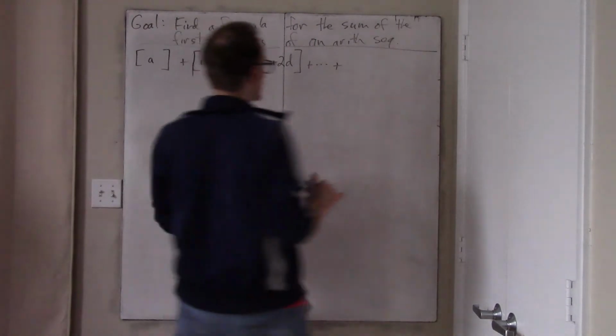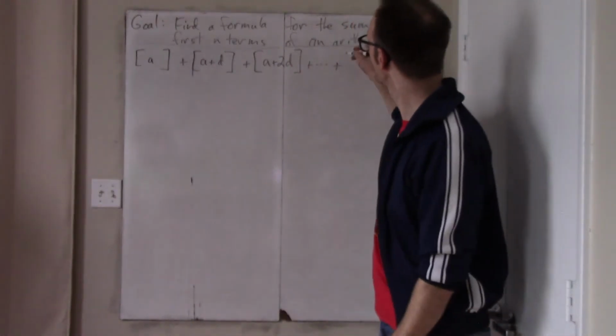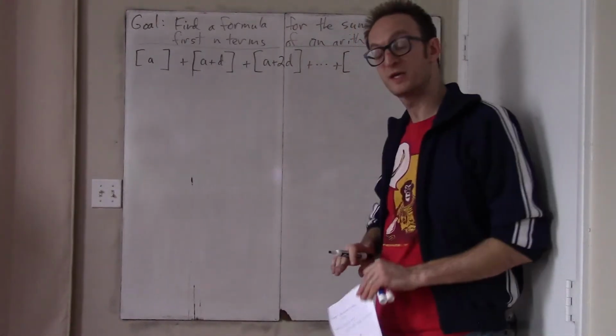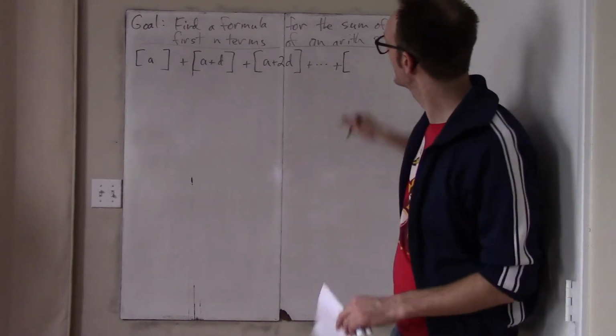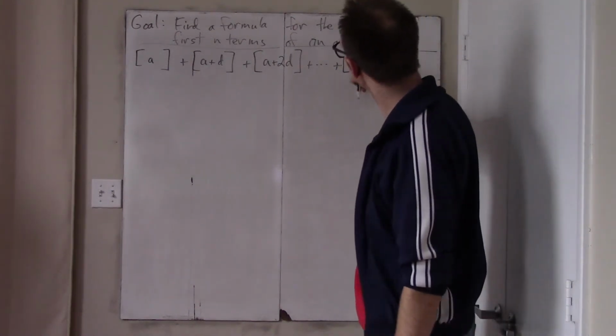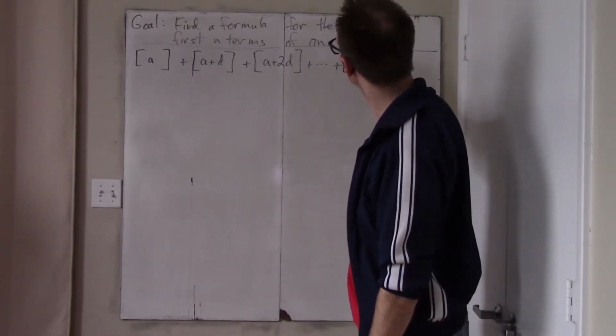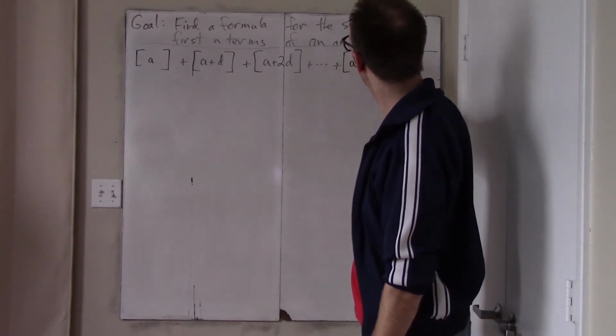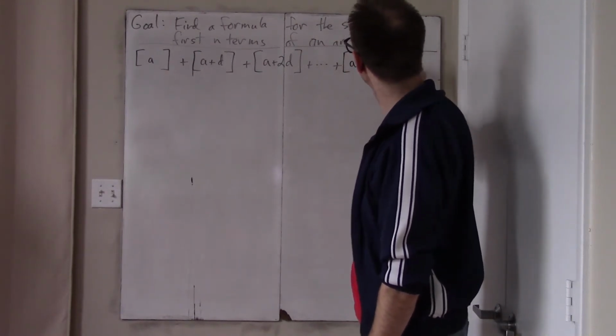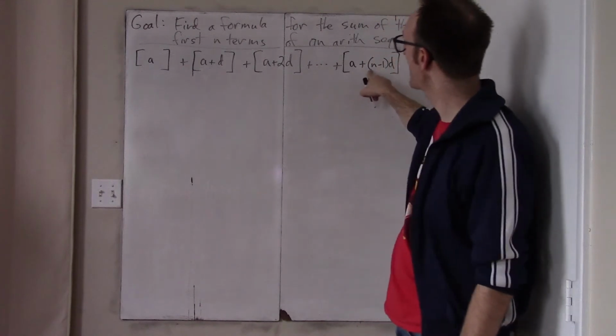So what is the form of the nth term of a generic arithmetic sequence? Well, as we just said, when we get to the nth term, by that point we've added d, n minus 1 times.